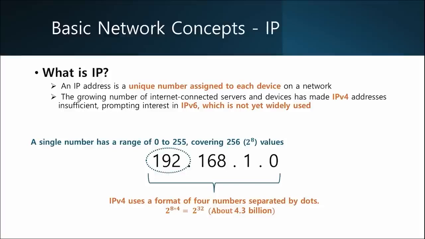As you can see in the picture, it has a format like 192.168.1.0, for example. Each number has 8 bits. IPv4 addresses can therefore provide approximately 4.3 billion unique addresses.